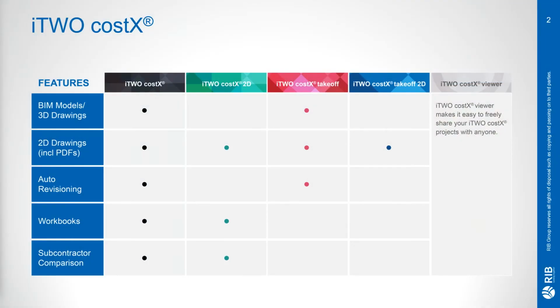For those who don't know, iTWO costX is a fully integrated estimating solution with universal application supporting everything from hand-drawn sketches to PDFs, 2D and 3D CAD drawings, and BIM files. iTWO costX is available in a variety of feature levels, depending on the size of your business or your estimating requirements.